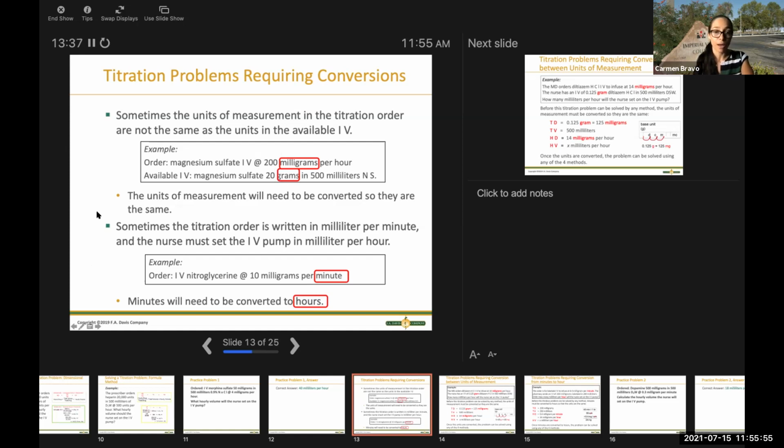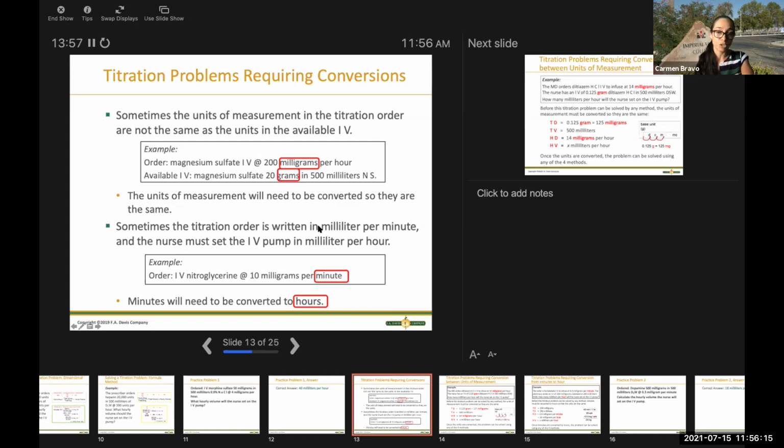When we have to add more conversion factors, we have to convert the grams into milligrams, or utilize the metric system so that we can get rid of all those zeros. Okay, so that's one example.